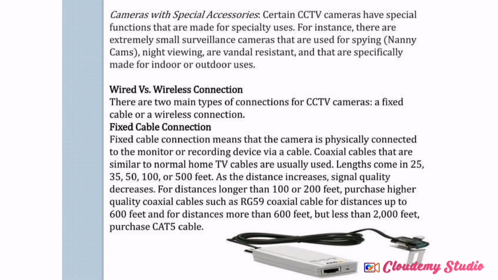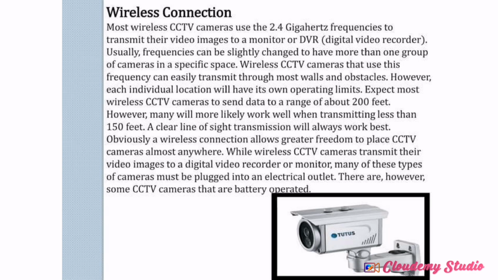We mentioned the difference between an NVR and a DVR, the PoE switch and the non-PoE switch, and the analog cameras and IP cameras. In today's lesson we'll discuss what a wireless connection is. So let's proceed.